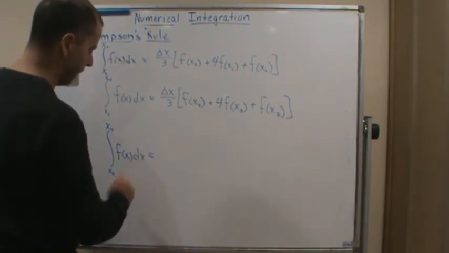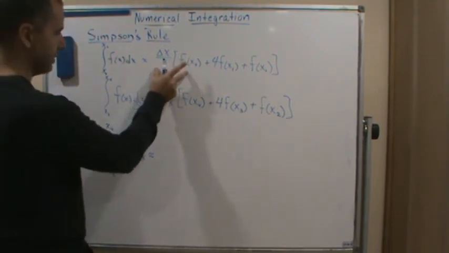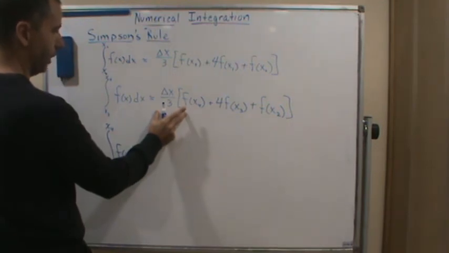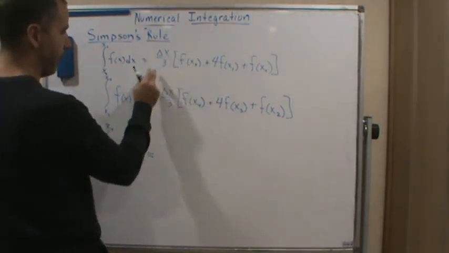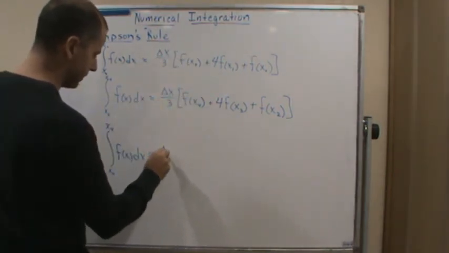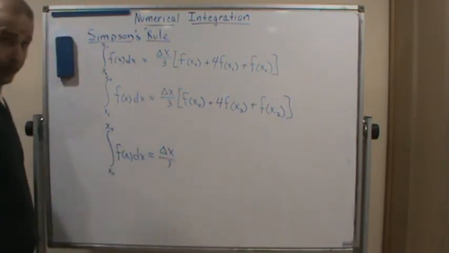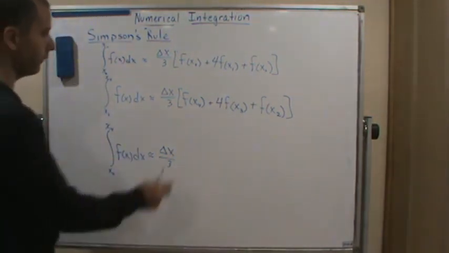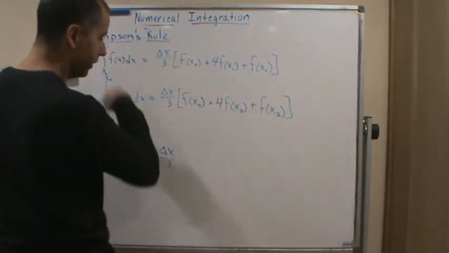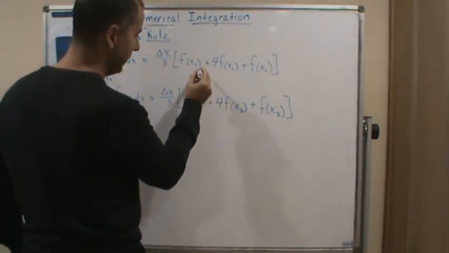That would be approximated by adding this plus this. If we add this plus this, we can factor out the delta x over 3. And now we're just going to add these term by term.